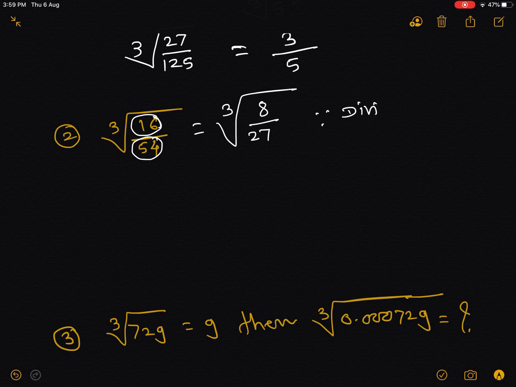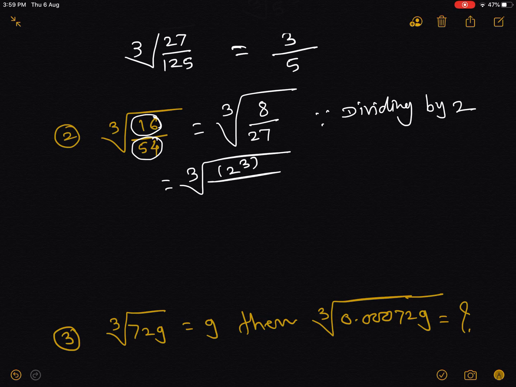Here we write down the reason, dividing by 2. Then we get cube root of 8, a perfect cube, it is 2 raised to 3, and 27 is again a perfect cube, it is 3 raised to 3. Now as in the previous example, we write separate cube roots of 2 raised to 3 and 3 raised to 3.